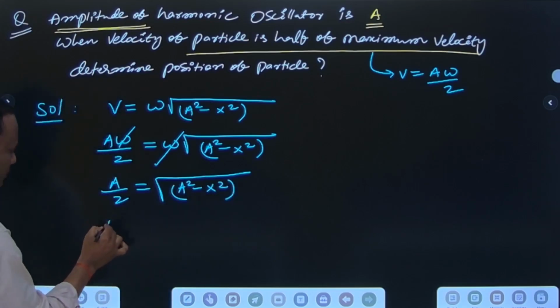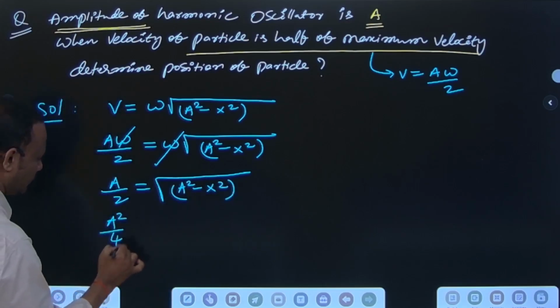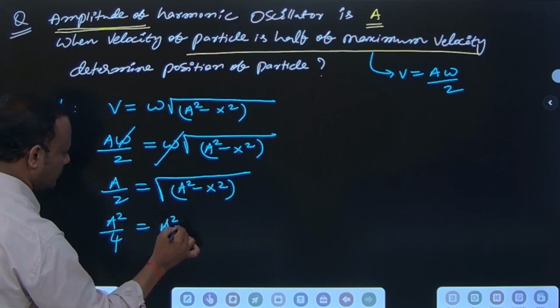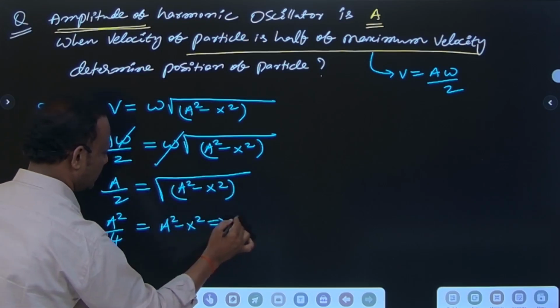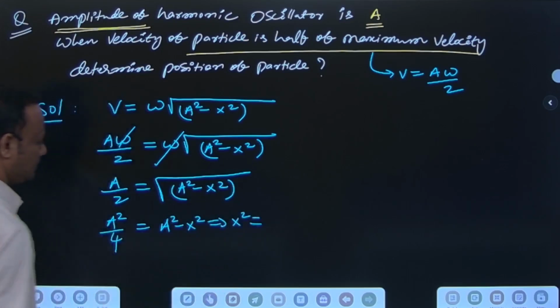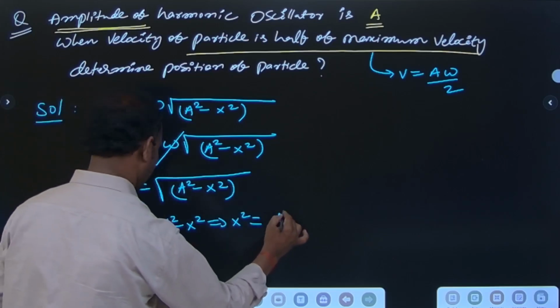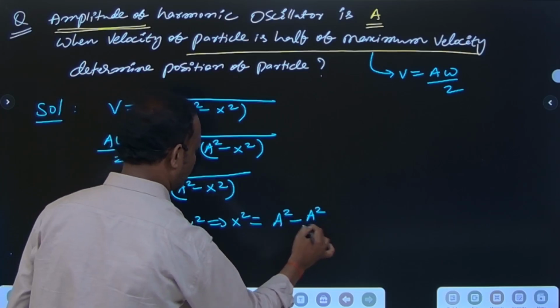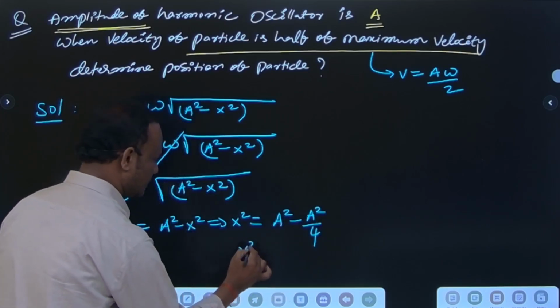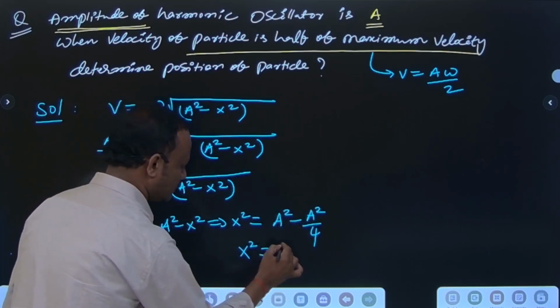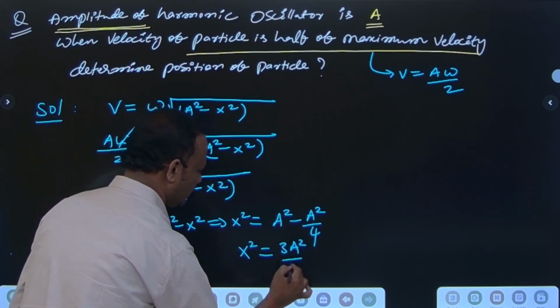Squaring on both sides, A square by 4 is equal to A square minus x square. Then x square is equal to A square minus A square by 4, which is 3A square by 4.